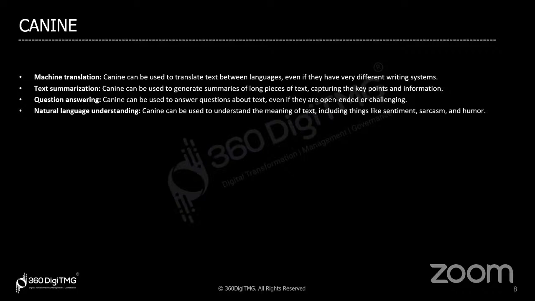Then there is machine translation. Canine can be used to translate text between languages, even if they have different writing systems. Then it can be used for text summarization. Canine can be used to generate summaries of long pieces of text, capturing the key points and information. Then for question answering, Canine can be used to answer questions about the text.